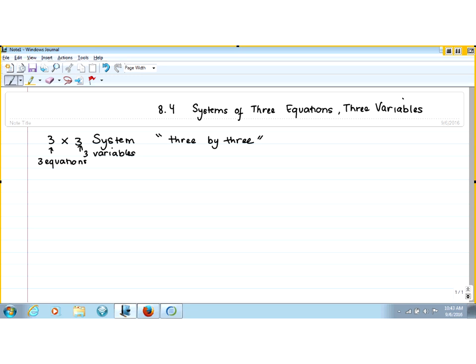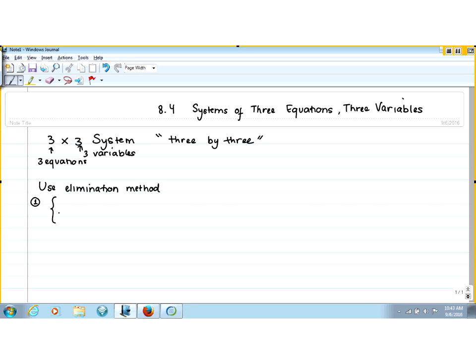All right. So what do we actually do? We use the elimination method in this section. I skipped 8.5 and 8.6, but there are other methods. So how does a 3 by 3 look?